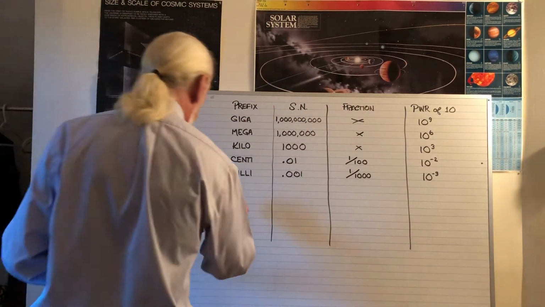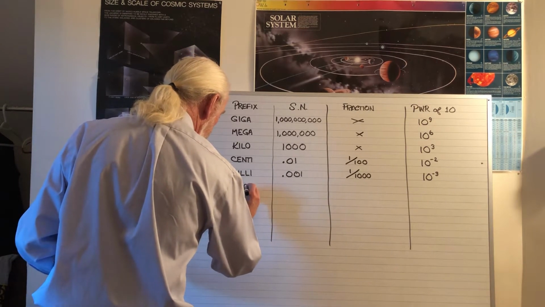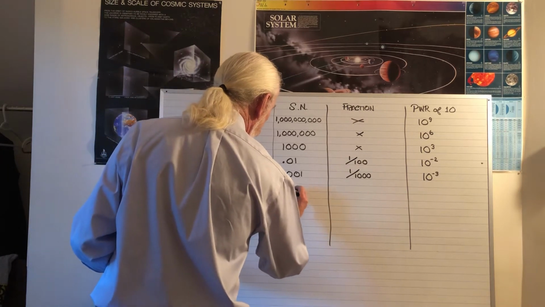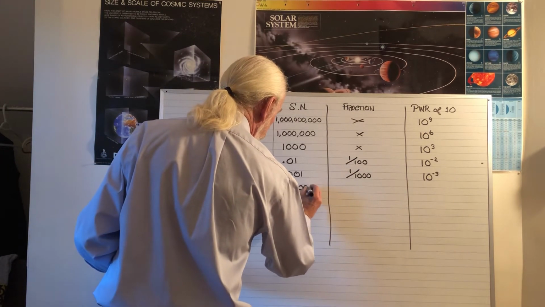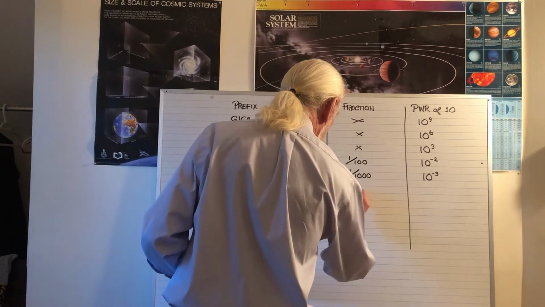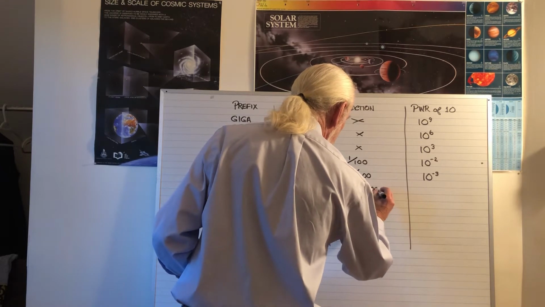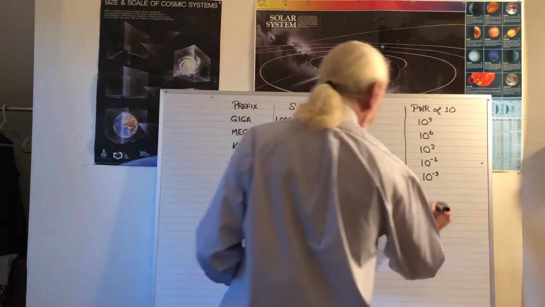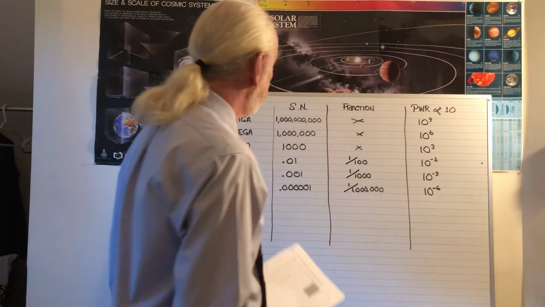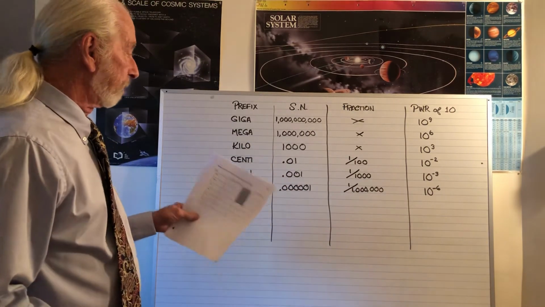And finally, micro. 0.000001. 5 zeros and a 1. 1 over 1 million. 10 to the -6.